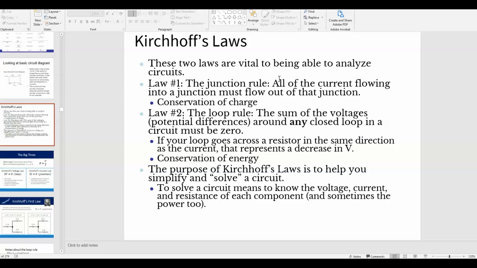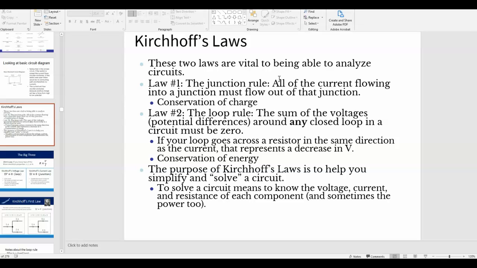The sum of the voltages, that is, the sum of the potential differences, around any closed loop in a circuit must be 0. In other words, if you add up all the voltages around a closed loop, they must add to be 0.